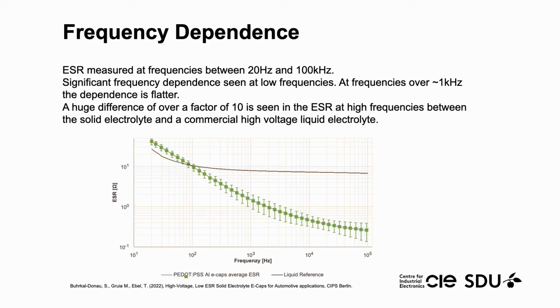This slide shows the ESR frequency behavior of a high voltage capacitor sample impregnated with standard liquid electrolyte versus a sample impregnated with PEDOT:PSS electrolyte, measured in the range between 20 and 100 kHz. One can see that the ESR is a factor 10 lower with PEDOT:PSS at higher kilohertz frequencies.